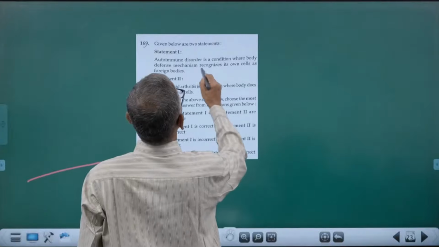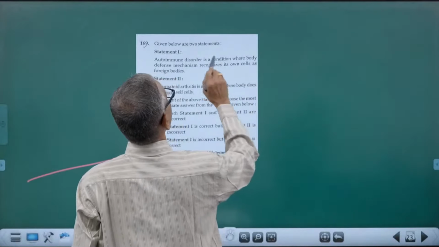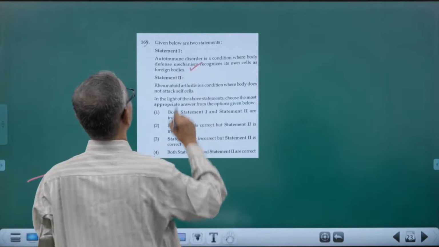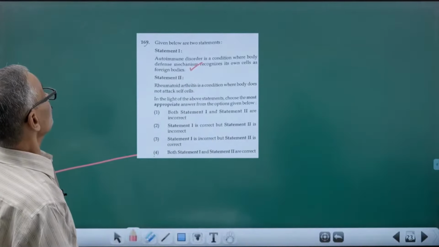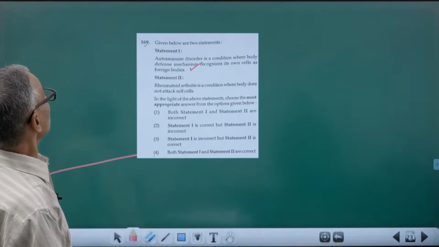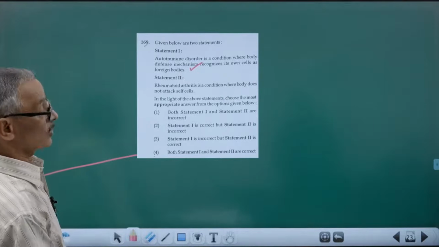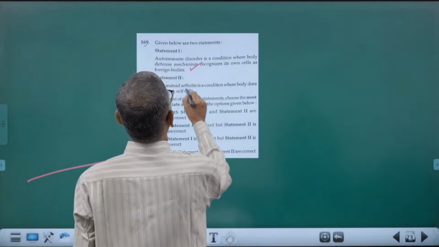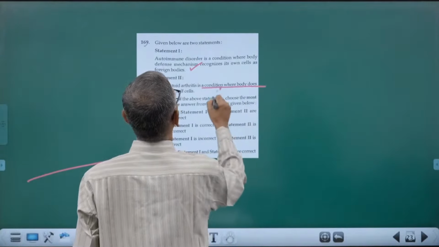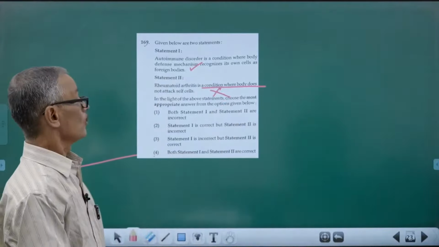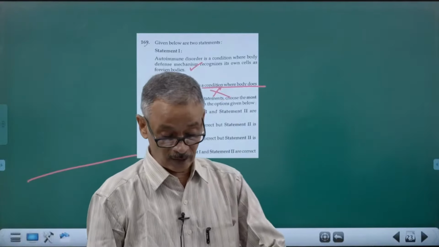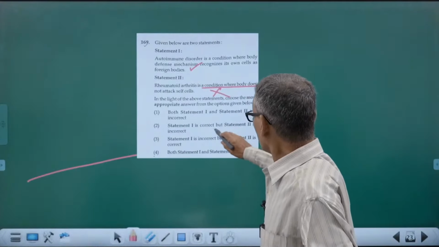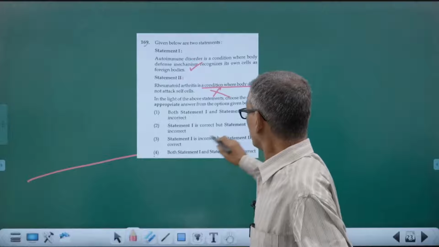So, the defense mechanism recognizes our own cells as foreign bodies and attacks them. Rheumatoid arthritis is a condition where body does not attack cells. Rheumatoid arthritis is a typical example for autoimmune. So we are having a condition where statement 1 is correct, but statement 2 is incorrect.